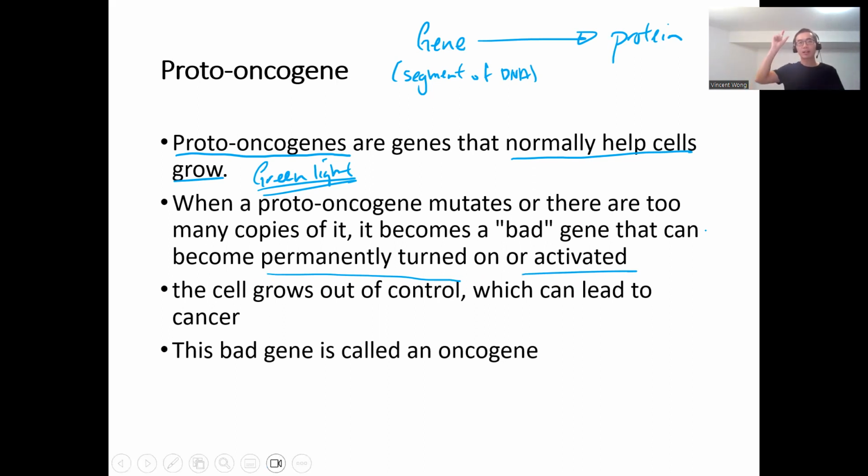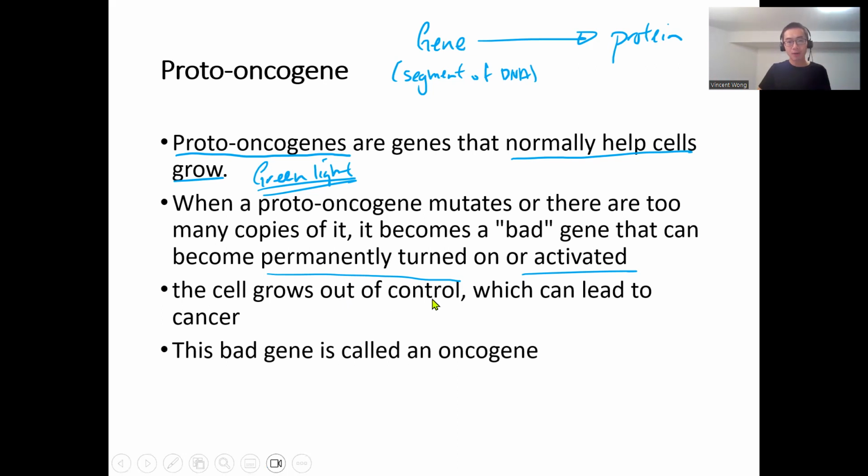That's like having a green light that is always green. What happens if the green light is always green? Then traffic keeps on going, right? It doesn't stop anymore. So if you have a bad proto-oncogene that's always activated, then the cell cycle will keep on turning. The cell will divide and divide and divide because it's always receiving the go-ahead to divide signal.